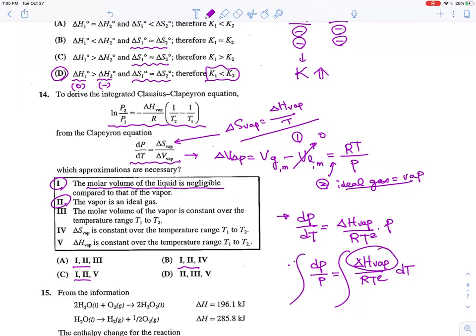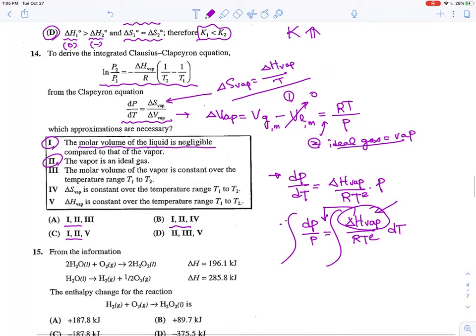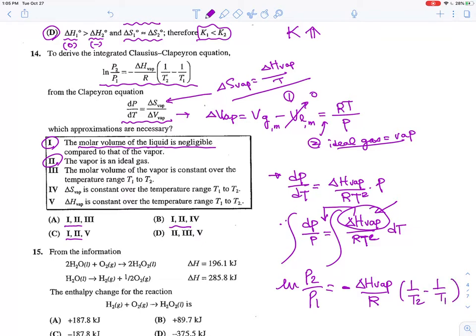This could be temperature dependent, but we are taking it as a constant out of the integral. So we get ln(P2/P1) equals minus delta H vaporization over R, with a negative sign because the integration of 1 over x squared is minus 1 over x, times 1/T2 minus 1/T1. That relies on delta H vaporization being constant over the temperature window we want to integrate over. So C is the correct answer.